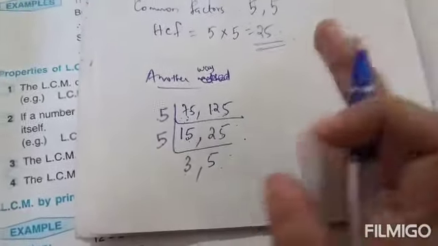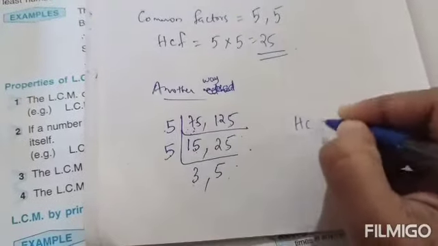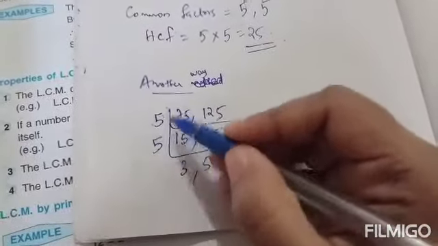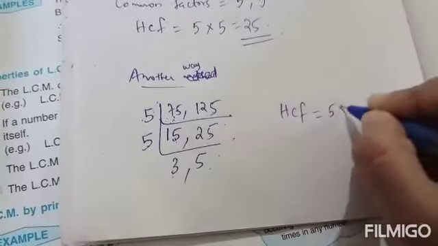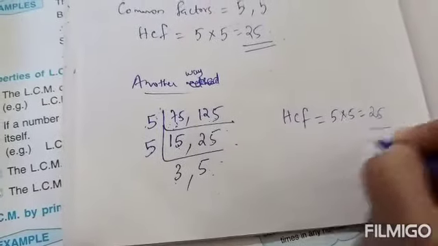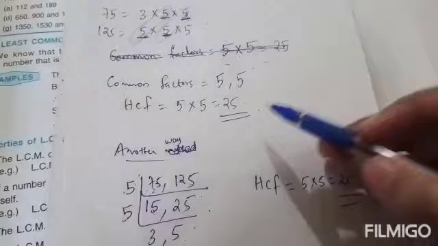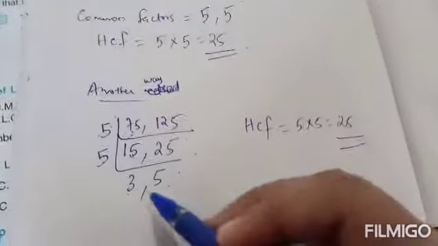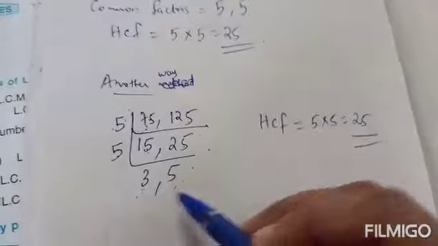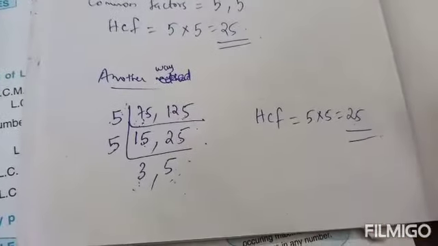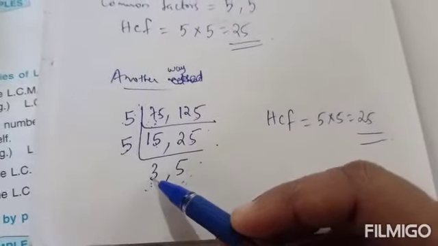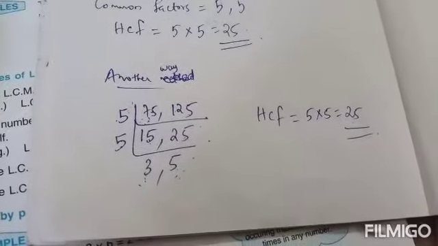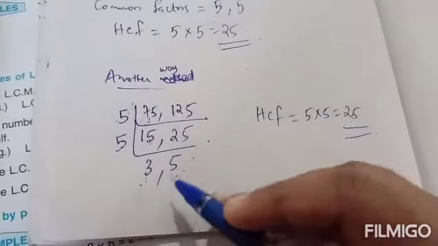Okay, so you can stop here. Now what will be the HCF? Multiply these two 5s. 5 into 5, you will get 25. Same thing you got in the first method also, 25. Okay, so 3 and 5 do not have a common prime factor. You can't divide 3 and 5 by a prime number, so you can stop there.